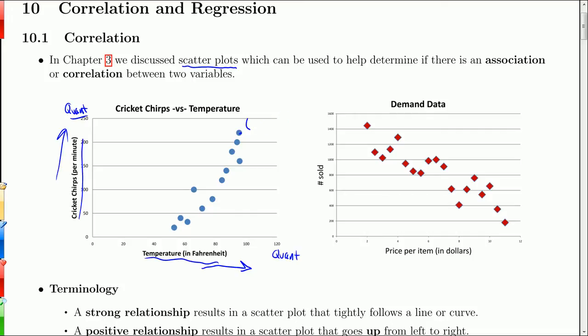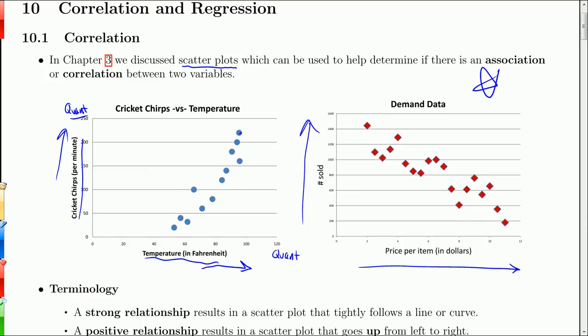All right. And over on this other graph, we look at some demand data, and what we see down on the x-axis is the price for an item, whatever it is, widgets, and on the y-axis it's the number sold.